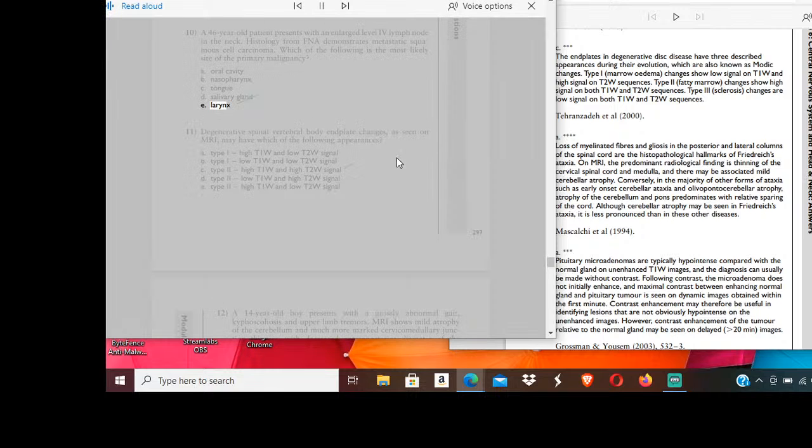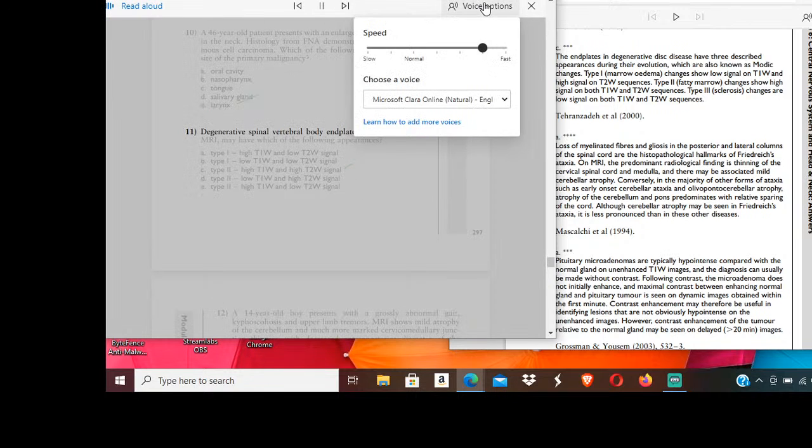Larynx. 11. Degenerative spinal vertebral body end plate changes, as seen on MRI, may have which of the following appearances?